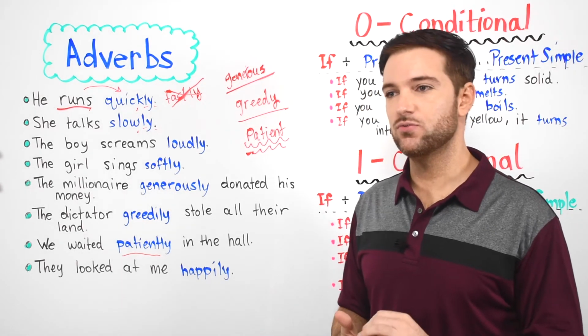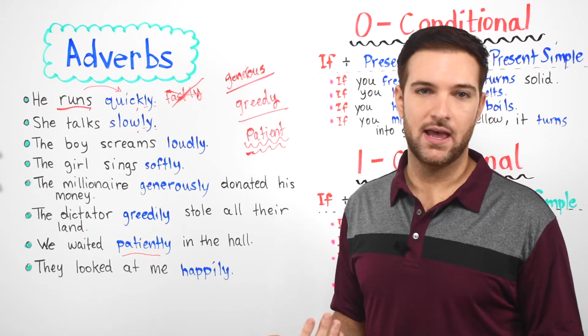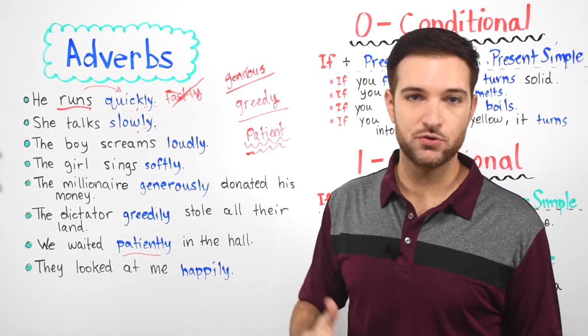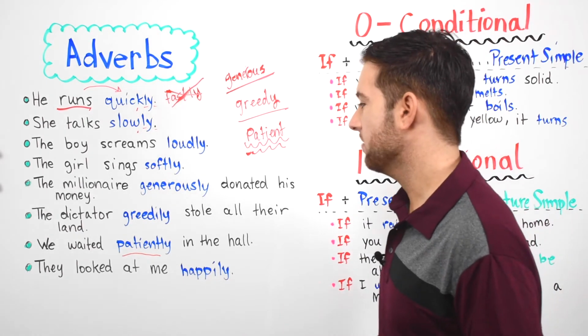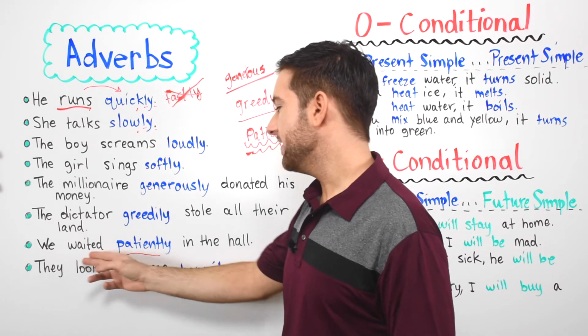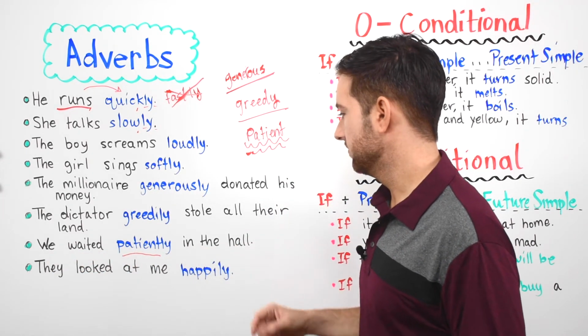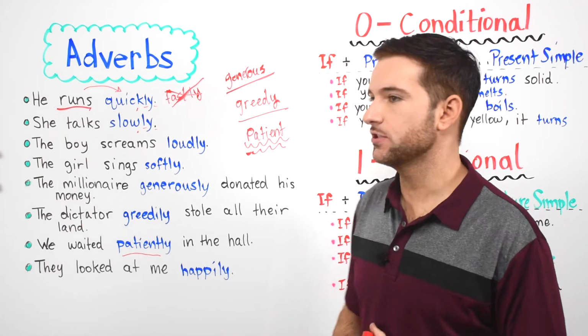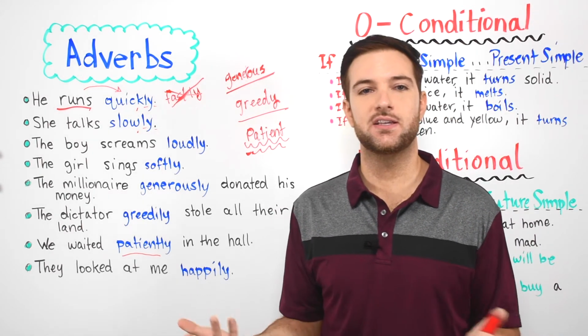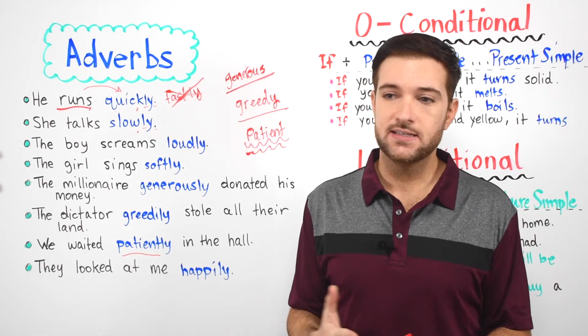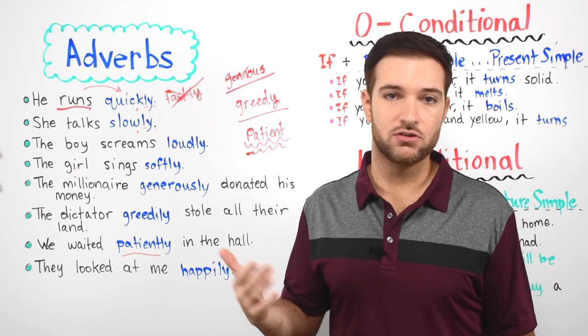You basically have all the time in the world and you can wait. It's not a problem for you. We waited patiently in the hall. Meaning you can wait and it doesn't bother you that it's taking so long.